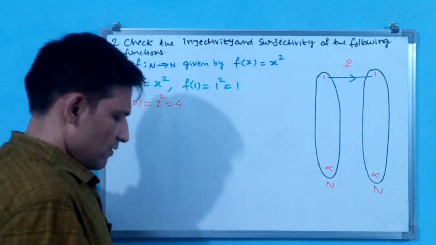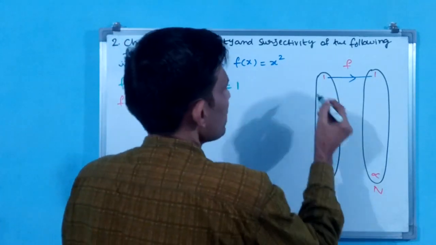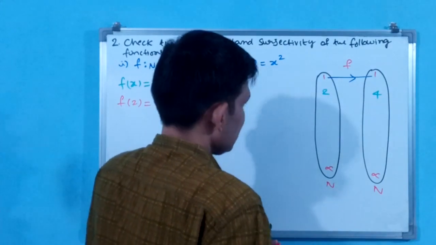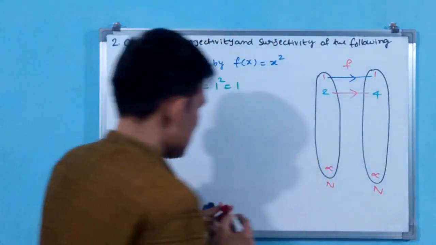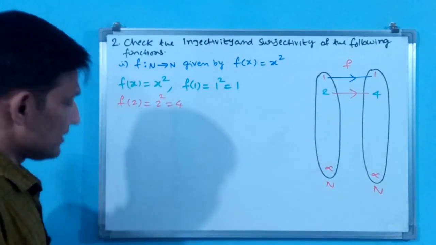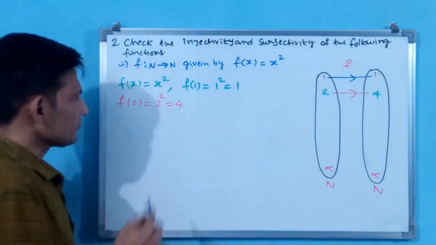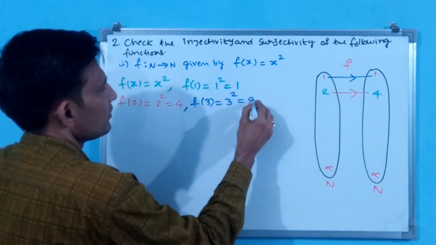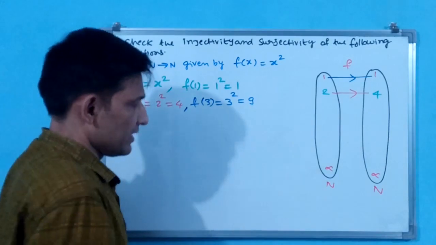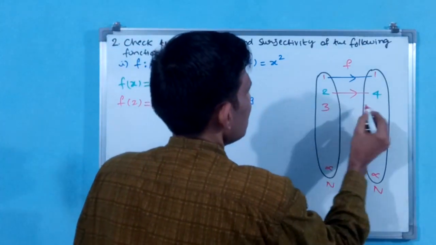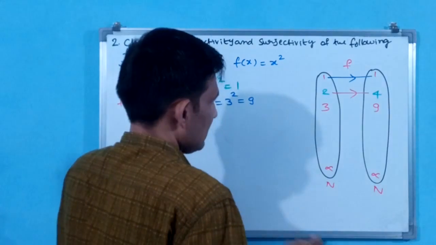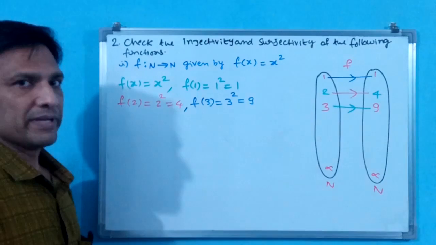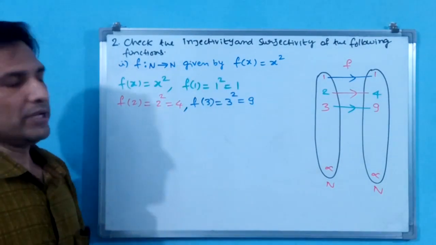Next, we are having a relation of 2 with 4. Now let us take 3 also. F of 3 is equal to 3 square, that is equal to 9. That means 3 is having a relation with 9. Okay, now we will stop here, then we will analyze what is going on.